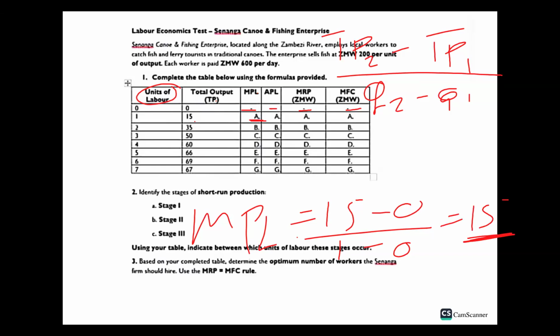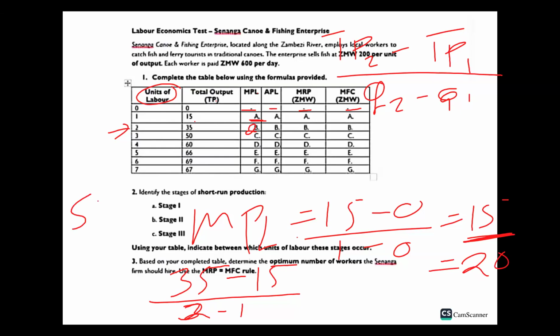Then you go to the second one. This will be 35, the upper total product, minus the previous one, 15, over 2 minus 1. This is basically 35 minus 15, which is 20. So you put 20 on B. On C, you have 50 minus 35, the previous one, divided by 3 minus 2.